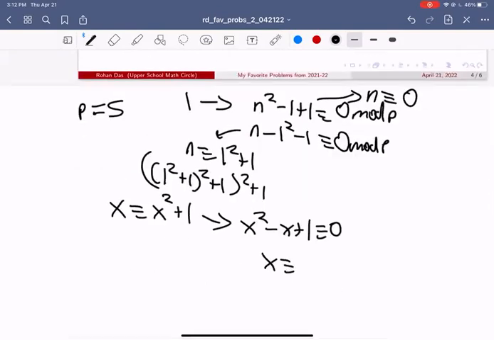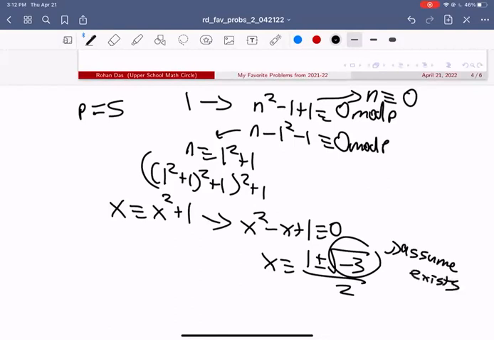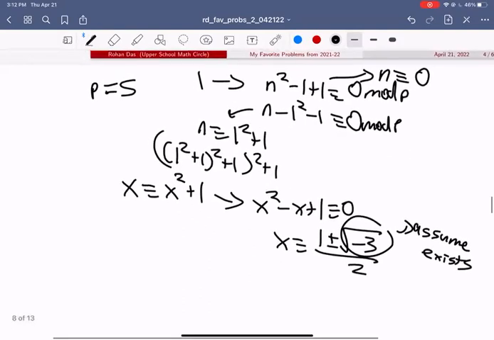So x is congruent to 1 plus or minus the square root of negative 3 over 2 by the quadratic formula. And for now, we just assume this exists, and we will deal with this later. We can call A the plus and B the minus of this. Then we can consider x as one of those for now.